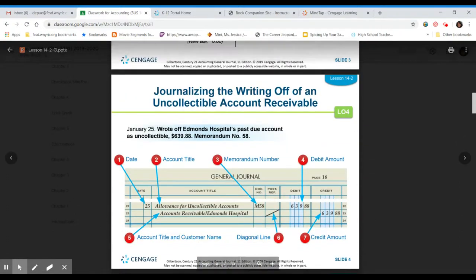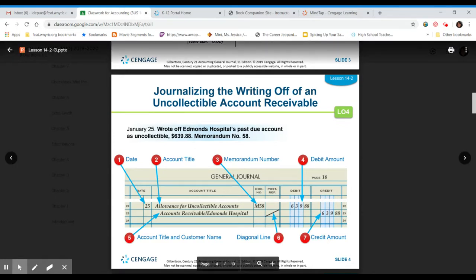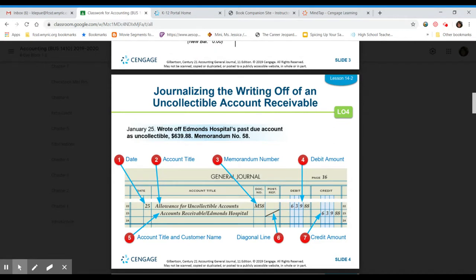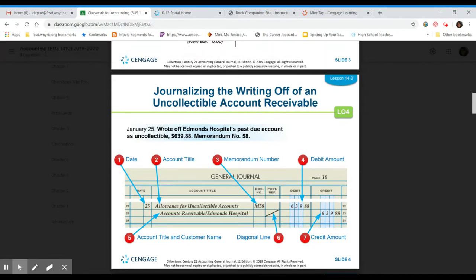So what we have to do to journalize this, it goes into the general journal, that we debit it for the date of the 25th, allowance for uncollectible accounts, the memorandum 58, and the amount that was given, the $639.88. Then we credit the accounts receivable in the name of the company that never paid us.